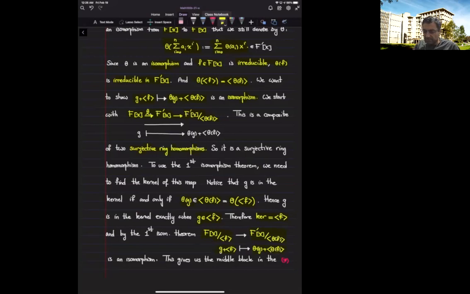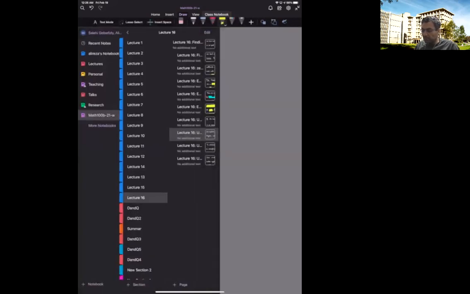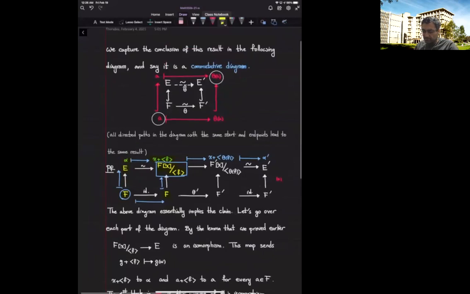This gives us the middle block. So when I give you a coset with coefficients inside F, I have to apply theta to this coset representative, and I go from left to right.